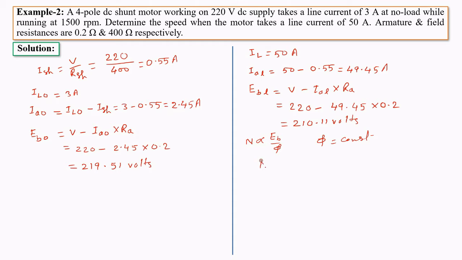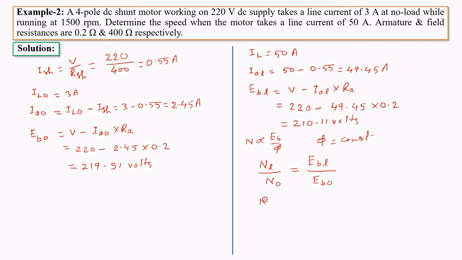Therefore, the speed of the motor at loaded condition upon speed of the motor at no load condition can be written as back EMF at loaded condition upon back EMF at no load condition. As phi is constant, it will be this.